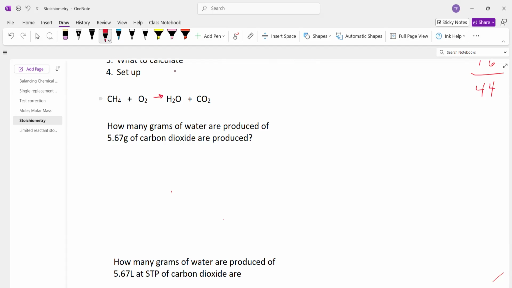Go through the 4 steps: balance the equation, what's given, what are you trying to calculate, then do the setup.